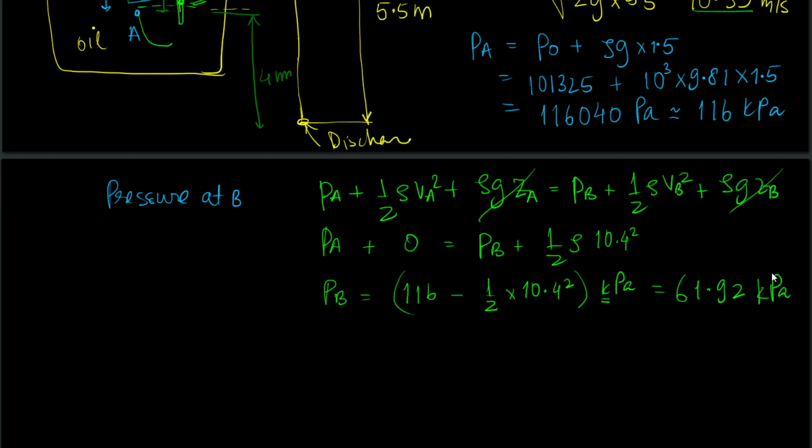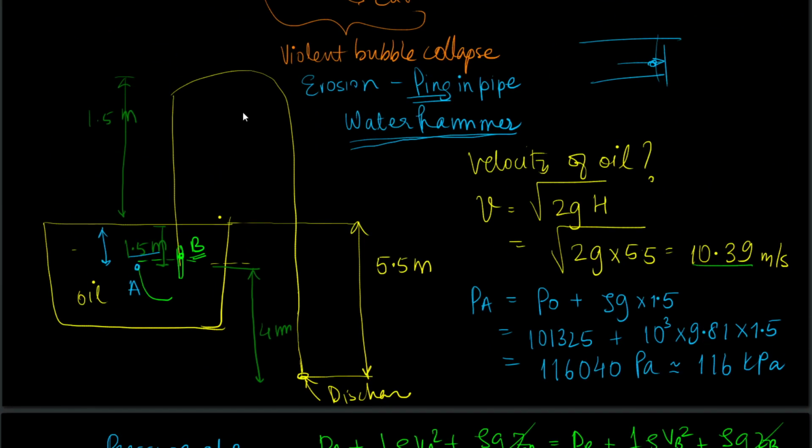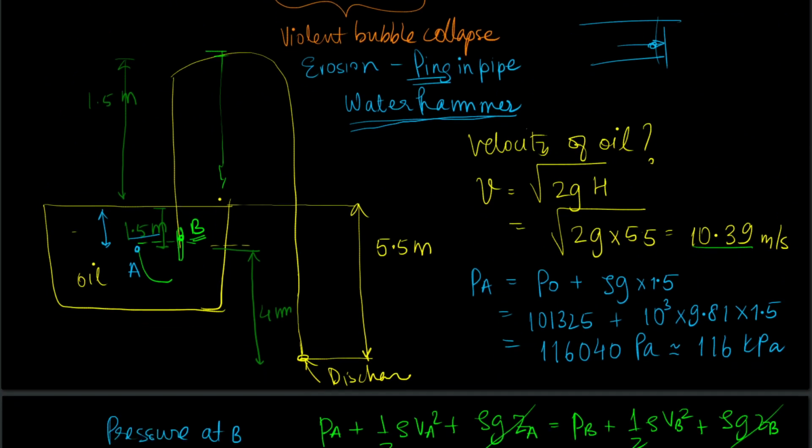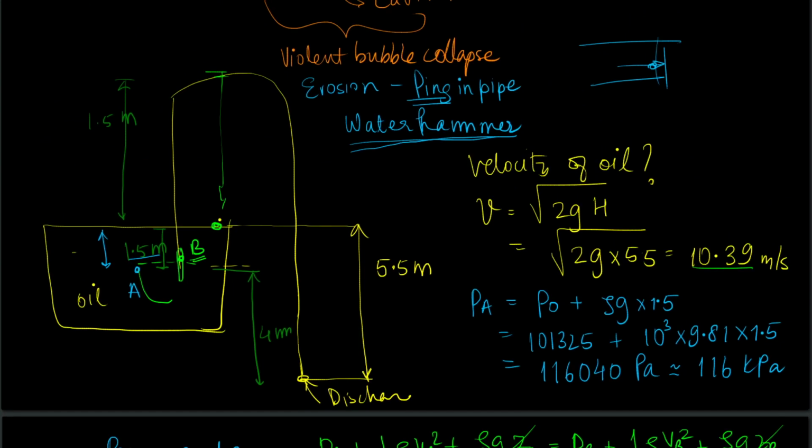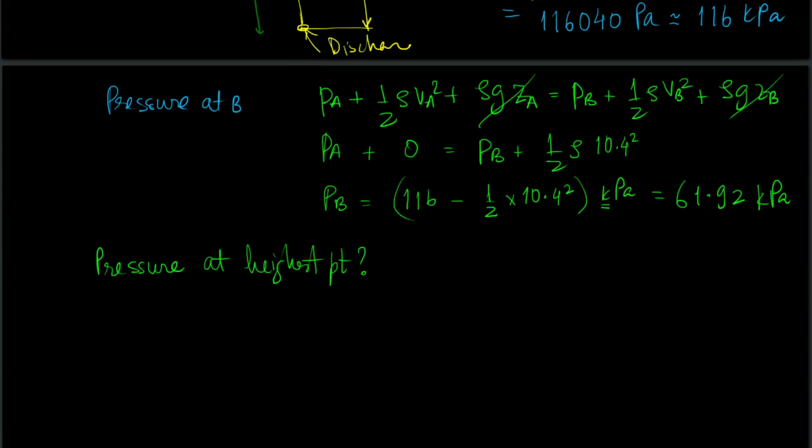Next, the question is, what is the pressure at the highest point? The highest point is over here. The pressure can be found by applying the Bernoulli theorem between the surface and this point C, and we've already done that, so I'm just going to directly give the result.